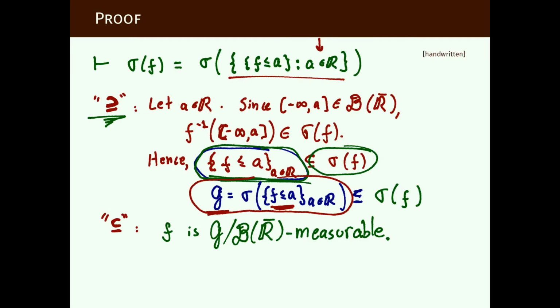So since we know already it is measurable, we can conclude that this family G contains the sigma algebra given by the pullback by the function f, which is exactly the other inclusion we were trying to prove. This concludes the proof of the lemma.